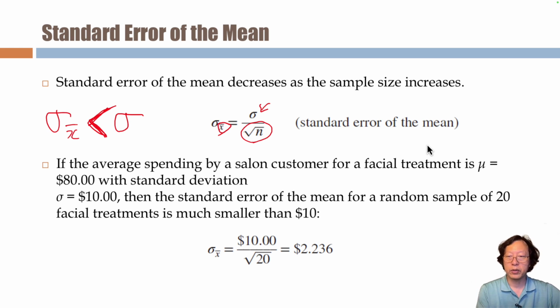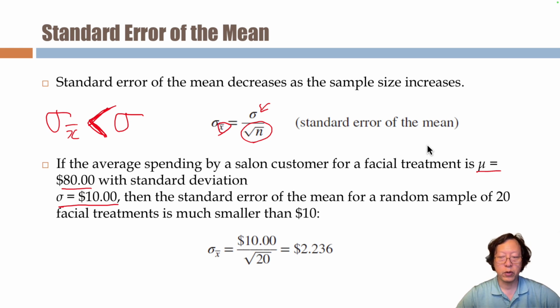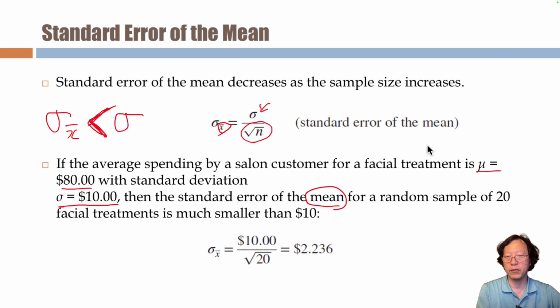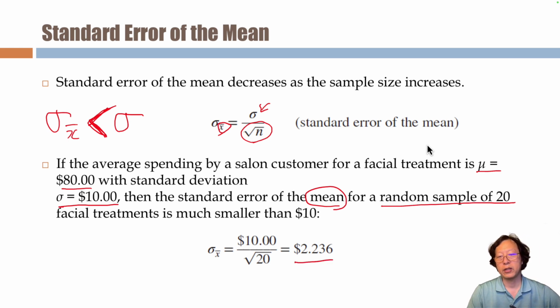For example, if the mean customer spending on facial treatment is $80 and the standard deviation is $10, but you collect a random sample of 20 and calculate the mean of those 20, that sample mean will have a 2.236 standard deviation. That is way smaller than 10.